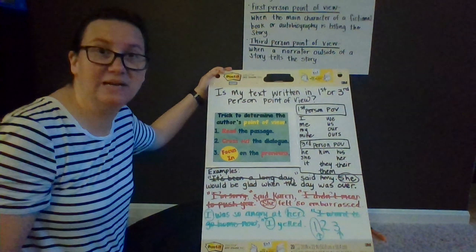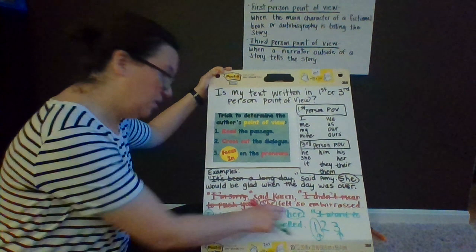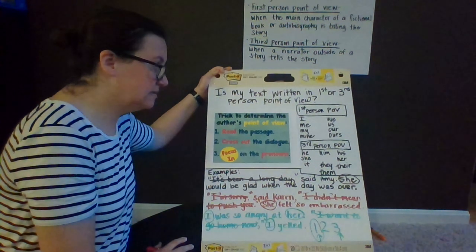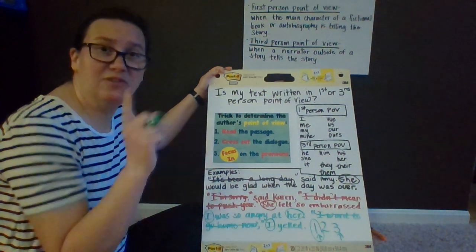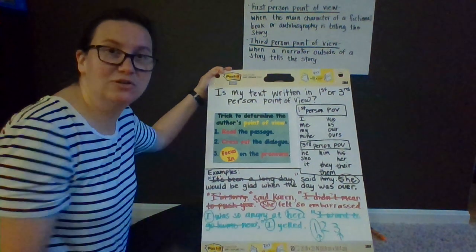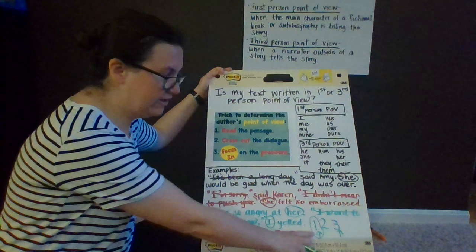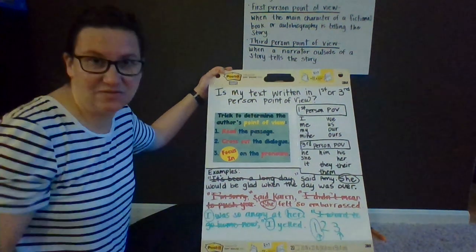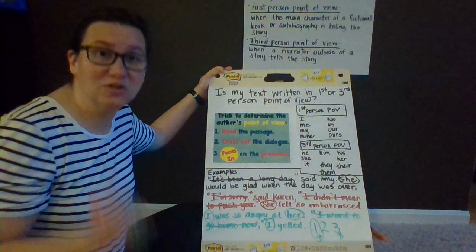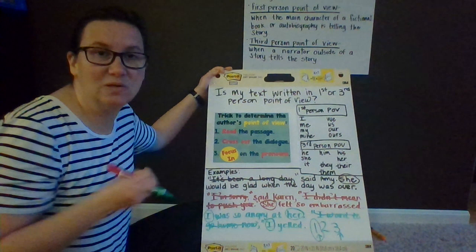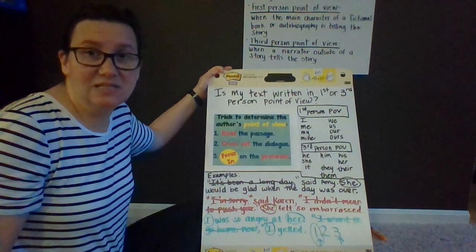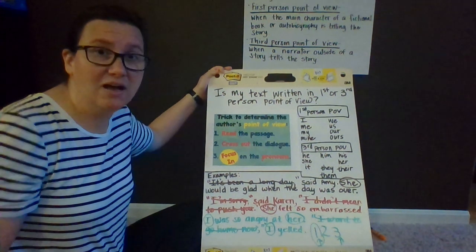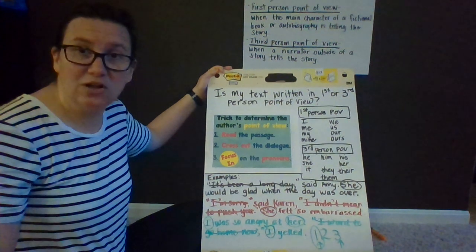That's how we determine it. We decide by looking at our pronouns what we have represented, and whatever number comes first, whether first person, second person, or third person, is the answer. In this case, first person, because number 1 is closest to 0 on the number line. And that's how we determine if something is written in first or third person point of view in a smaller excerpt.